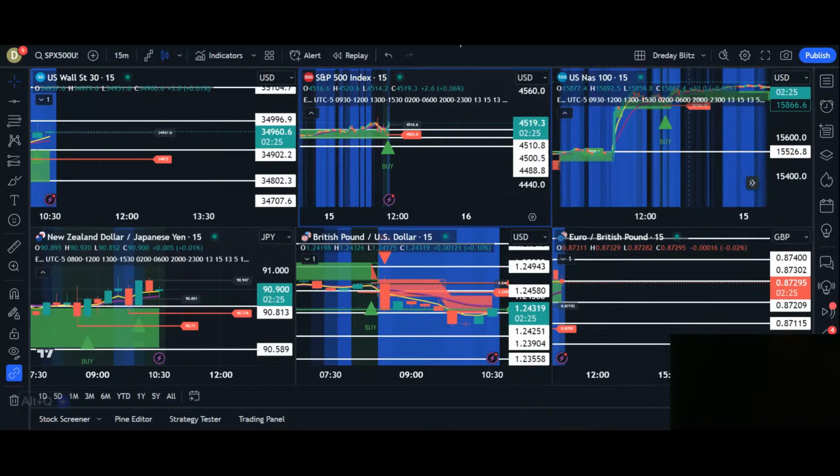But like I said, I'll be on until 10:55, sorry, so we could close out the session. But overall, if you were in those buy trades on the indices since yesterday or even Monday, you would be in a good profit overall.